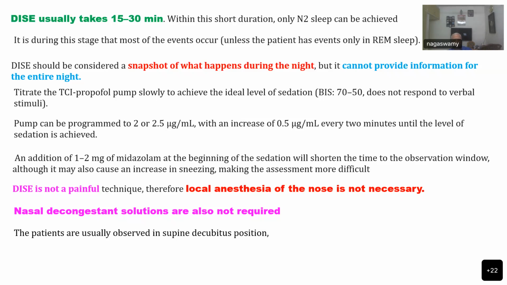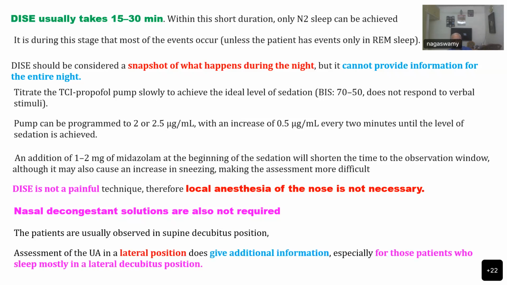And patients can be fully supine or in lateral position also. For those who are used to sleeping in the lateral position, that is another point you can add. Assessment in the lateral position gives additional information, because patients with established OSA normally assume only the lateral position, because they don't want to get disturbed by lying supine very frequently.